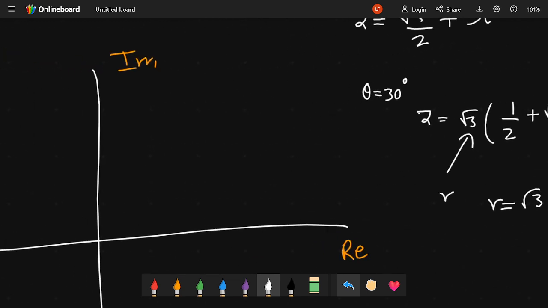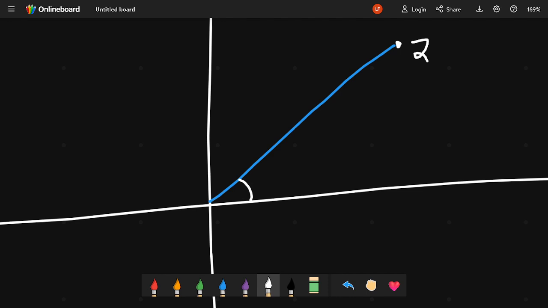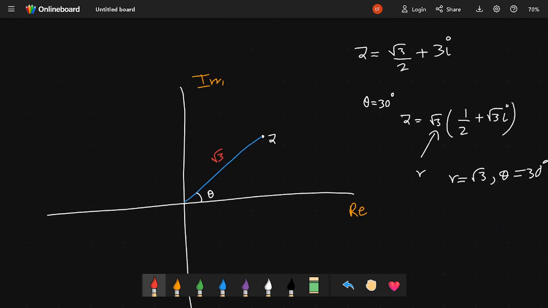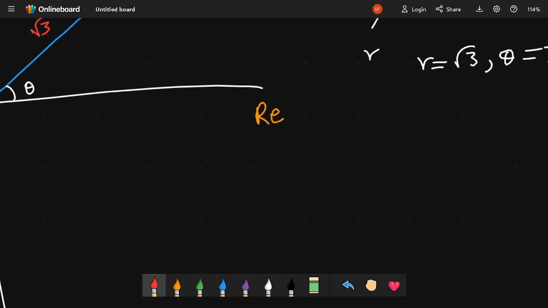Let's plot that. So this is your line, and your point z, and your angle is 30 degrees, and your modulus is the square root of 3. Now, let's plot it in polar coordinates. We know that z equals r times the cosine of theta plus I times the sine of theta.